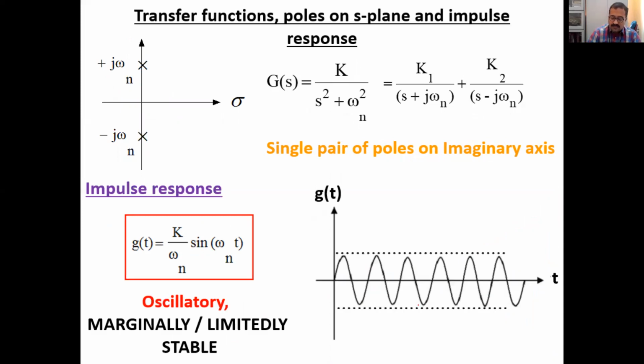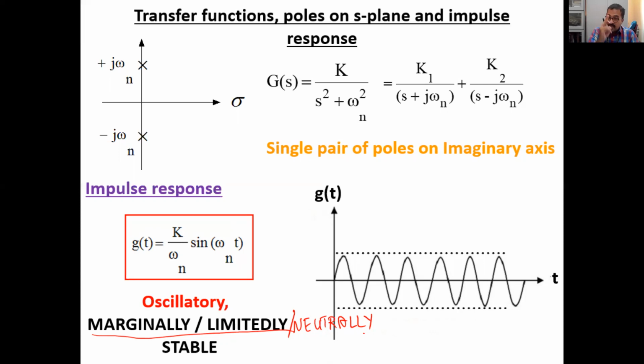So we can say that the system is limitedly stable, or marginally stable, or neutrally stable, because the oscillation neither increases nor decays. It is a continuous constant oscillation. So these kinds of systems are said to be marginally stable, limitedly stable, or neutrally stable.